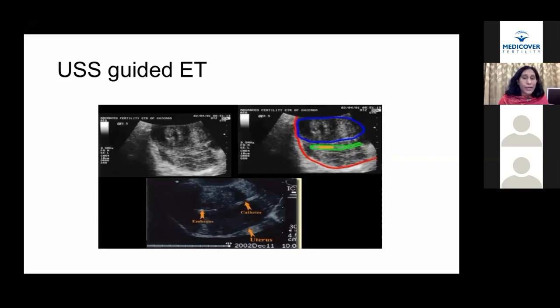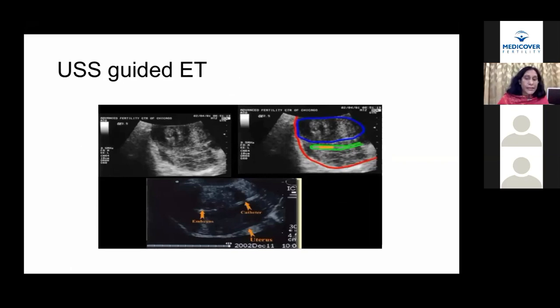So embryo transfer again needs an ultrasound, and this is the picture of a transabdominal ultrasound, where we have a catheter. First the catheter is introduced.